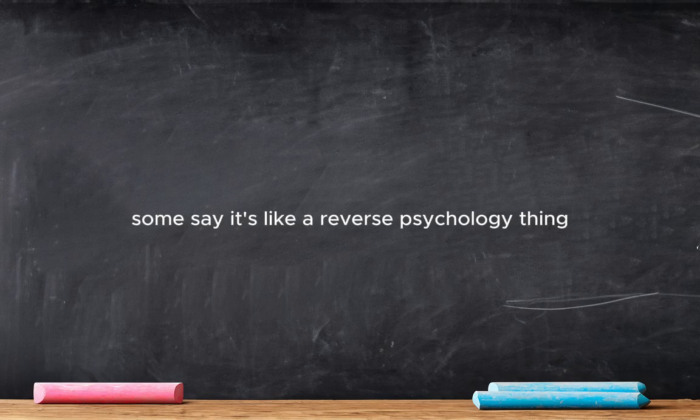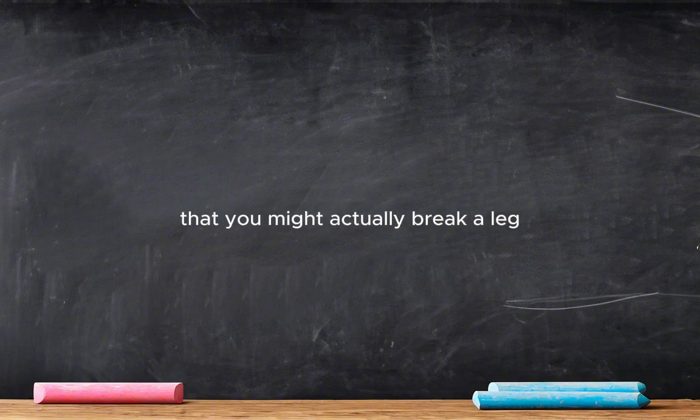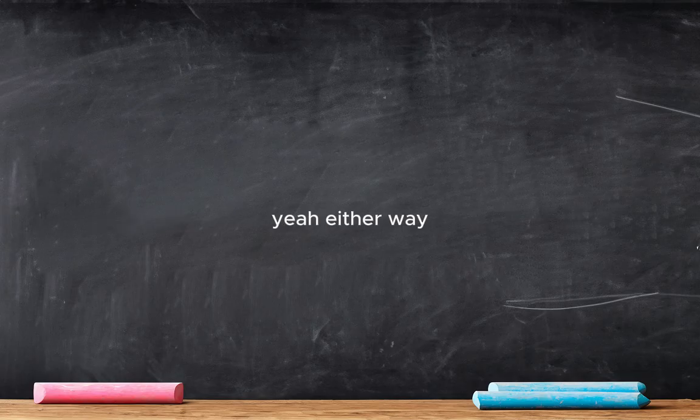Some say it's a reverse psychology thing. By wishing for the opposite of what you want, you're somehow warding off bad luck. Interesting. Another theory links it to the idea of bowing so deeply that you might actually break a leg, as a sign of a successful performance. So it's either a superstitious charm or a testament to the dedication of performers. Yeah. Either way, it's a unique way of showing support.